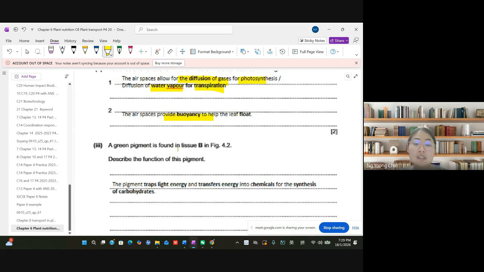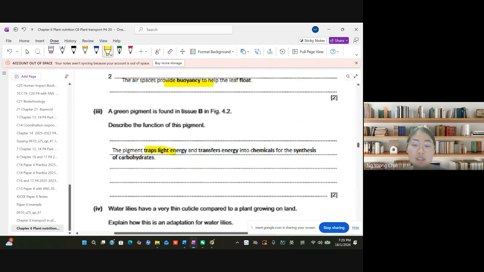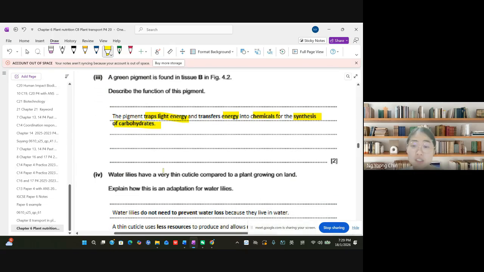So you should say that chlorophyll helps to trap light energy, and then converts the light energy into chemical energy to produce carbohydrates, to produce glucose. So you can see my answers step by step.